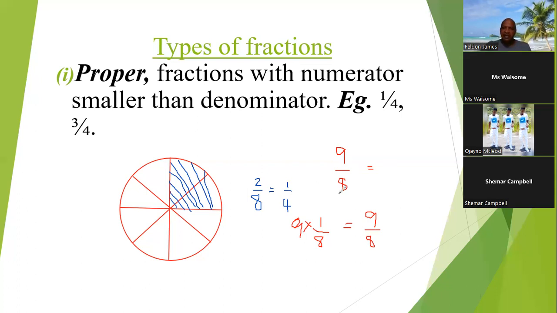So if this has 9 slices out of 8, we can write it as a mixed fraction, as Ms. Wilson was saying, or a mixed number, because we can take 8 slices out of 9, which will give you 1 whole pizza. And how many slices would you have remaining? If you take 8 out of 9, how many slices remain? You have 1 remaining, and then we put back that 1 over 8. Everybody see what I'm saying?